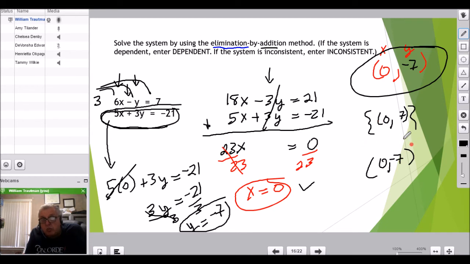You write x and y with parentheses, not with anything else. Even the ones where you had x, y, and z, you still use this, unless that was given to you already. You don't have to add anything else in there. Just make sure you have the parentheses and then a comma between the numbers.